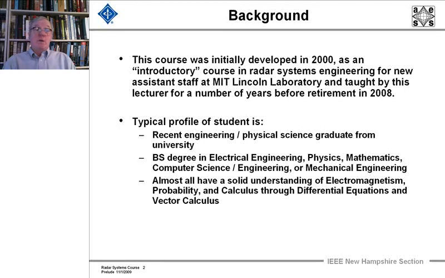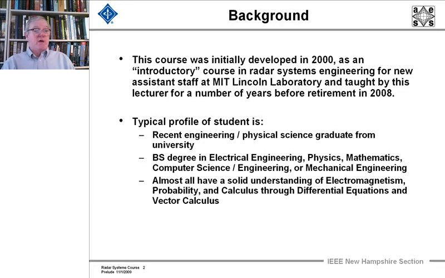We have one area where people are working in biology, and if you can believe it, biodefense systems. They are working at Lincoln Laboratory, and they need to do some measurements with radars, and people would like to know how they work. The typical profile of a student is a recent engineering or physical science graduate from a university.